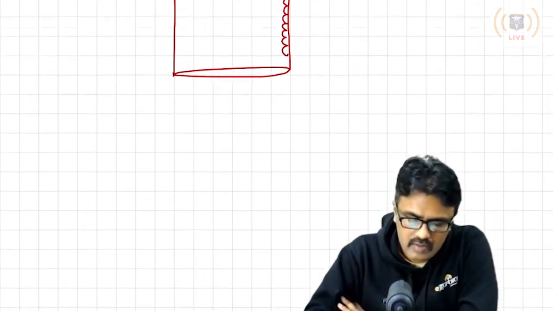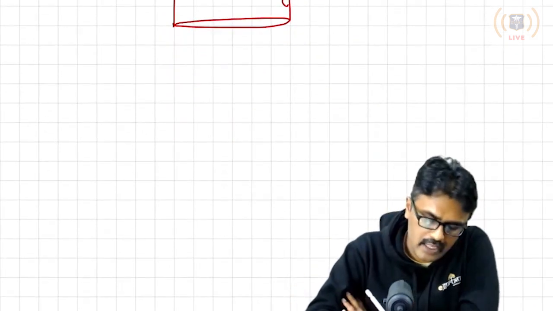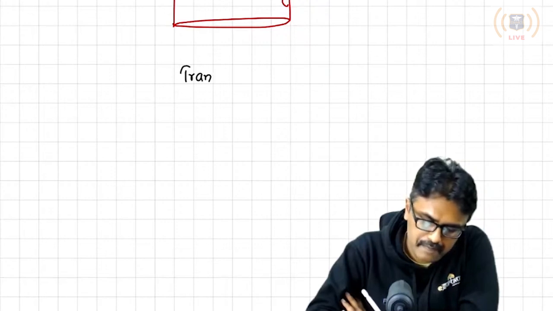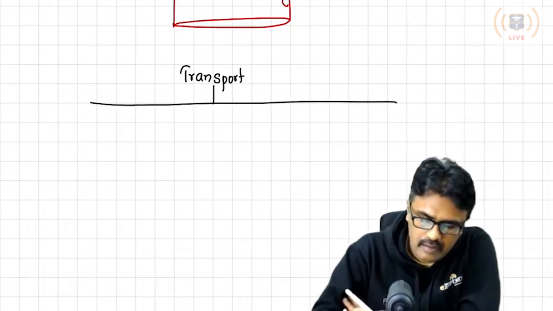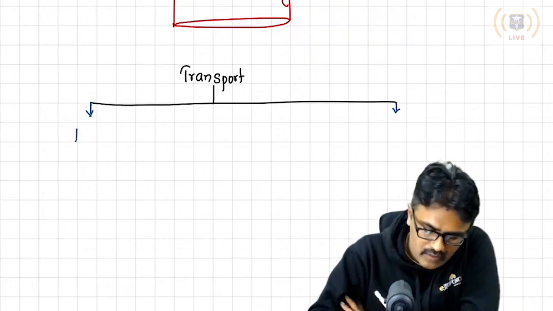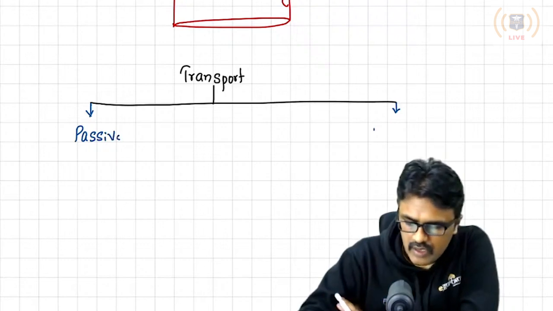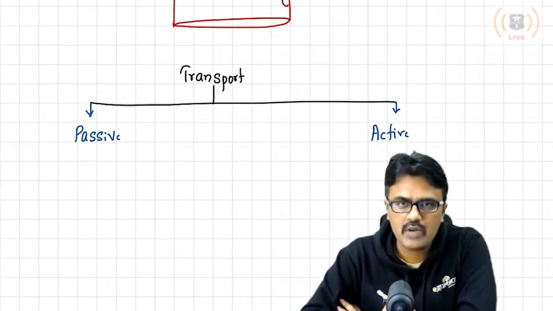So what are the drug transport mechanisms which will help the drug to move inside? The transport mechanisms are mainly two varieties. The drug may move by passive transport, or active transport.